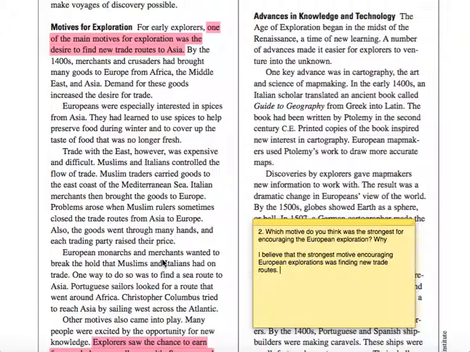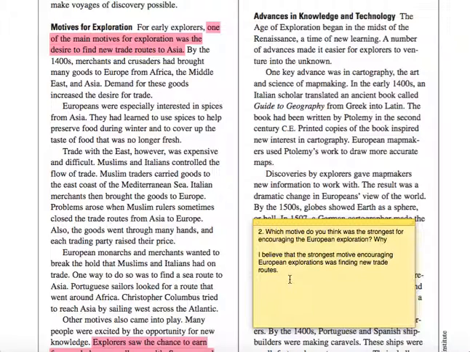So that's why I think that's the strongest motivation, because there are so many people who were affected by the trade routes. I also think it was one of the strongest encouraging factors because monarchs have a lot of money, and with a lot of money they were able to support a lot of these explorations, because the explorations cost a lot of money. It costs a lot of money to have a ship back then and go hundreds of miles and have people who would work on that ship for you.